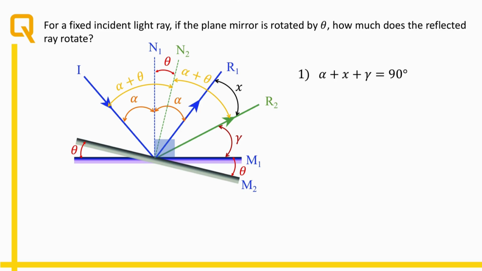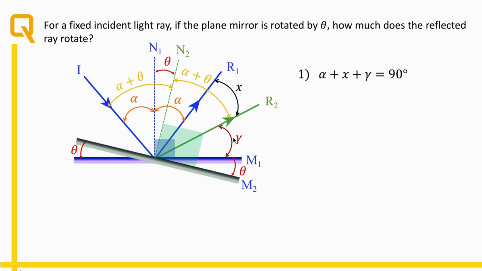The second formula is for the rotated mirror, M2. The angle between N2 and M2 is also 90 degrees. So let's write the second equation for the rotated mirror. Starting from N2, we have alpha plus theta.